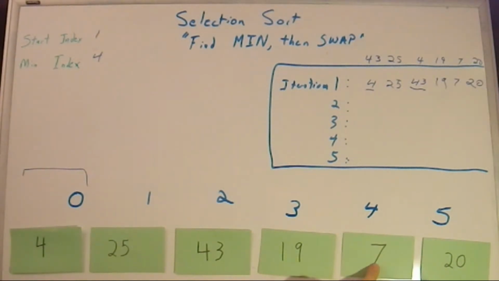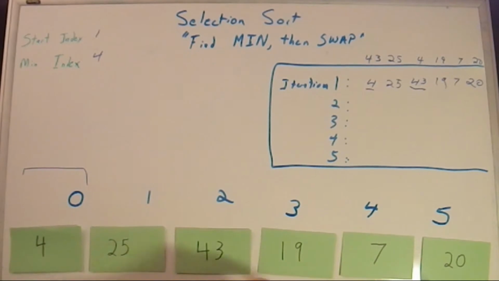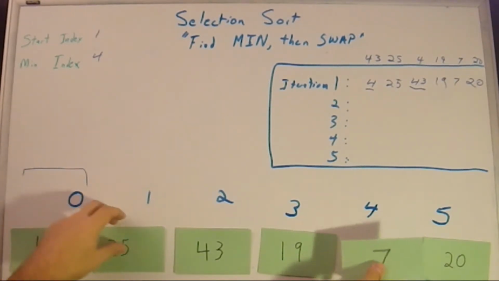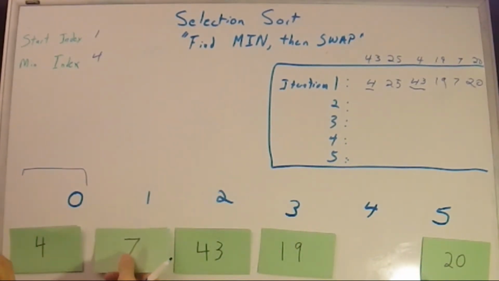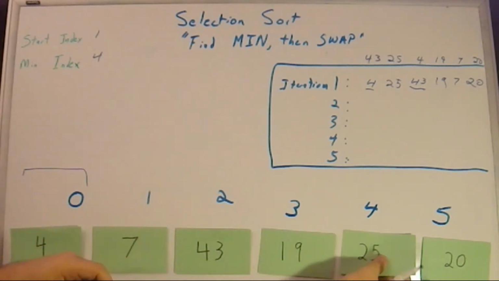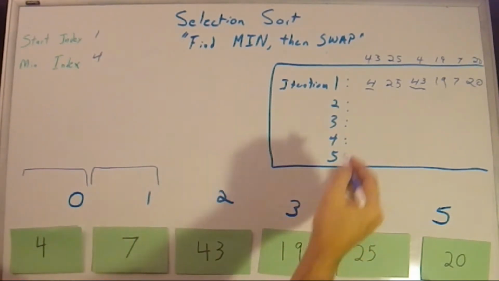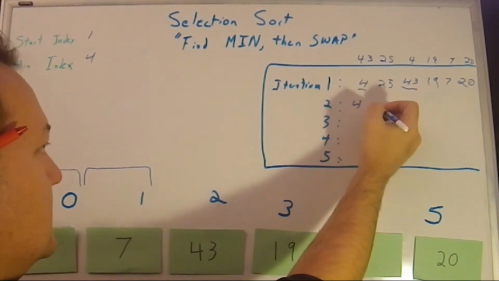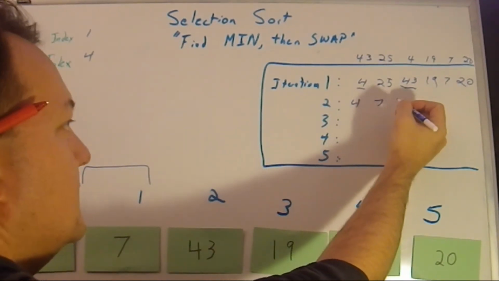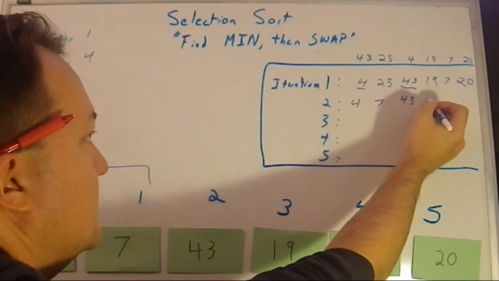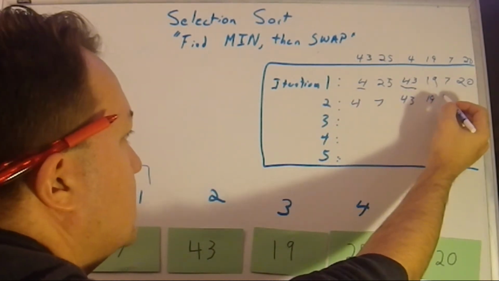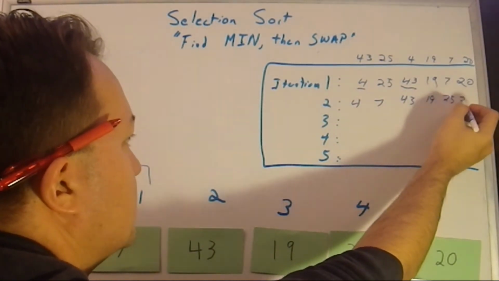So we've now identified our second smallest number. We then execute a swap, which will swap these two values, and we lock down this next value. So our next iteration is 4, 7, 43, 19, 25, and 20.